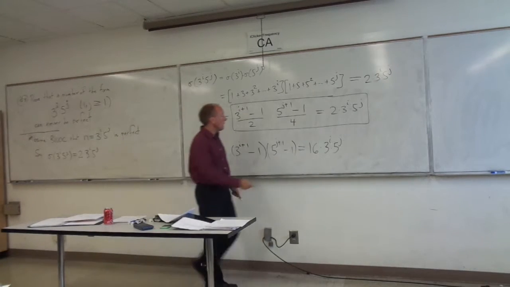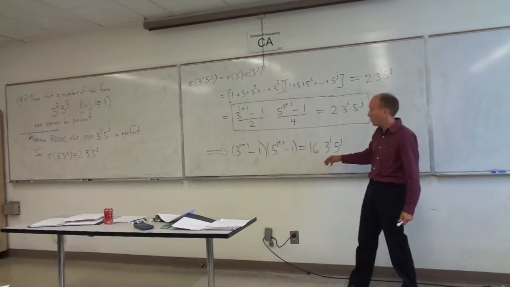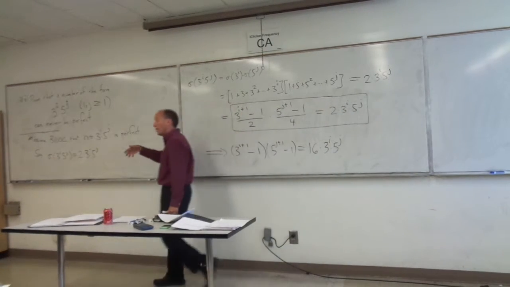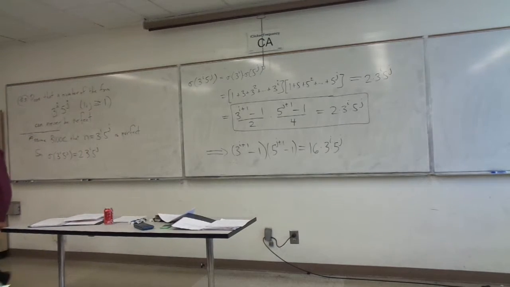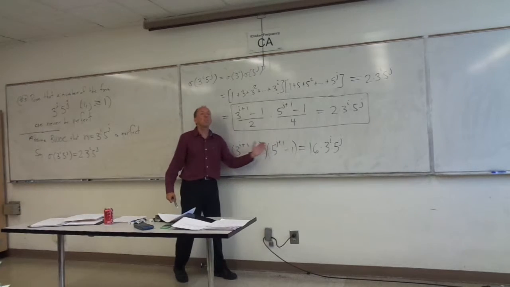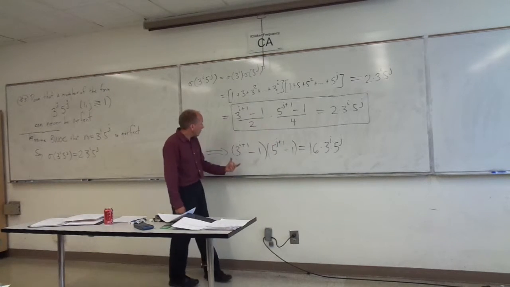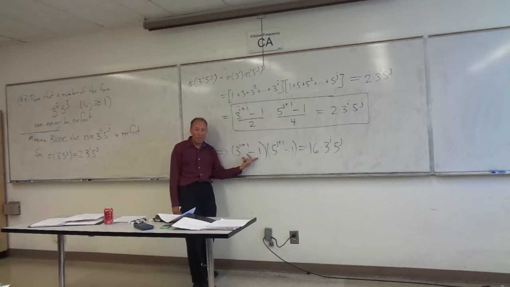So, right, there's at least one factor of 3 here, and at least one factor of 5 here, so on the other side of the equation there must also be, by the uniqueness in the fundamental theorem of arithmetic, at least one factor of 3 on the left side, and one factor of 5 on the left side. And of course, this part doesn't have a factor of 3 in it.